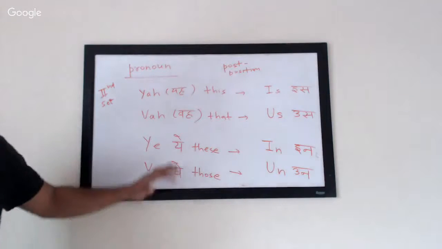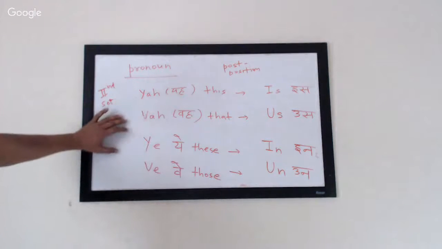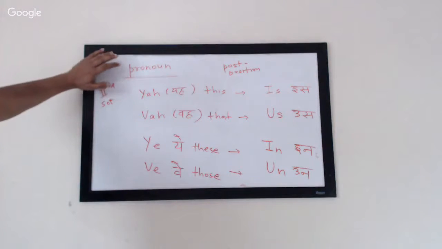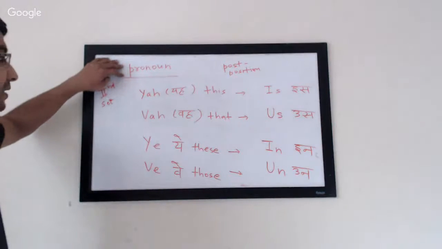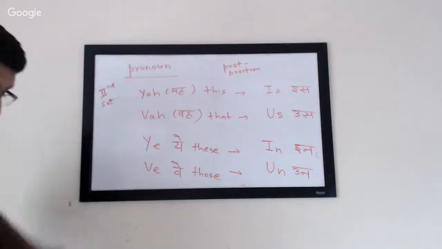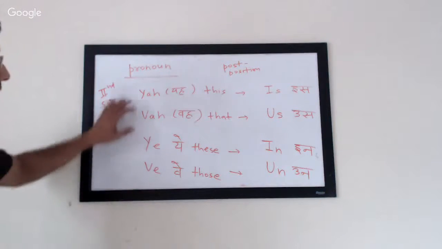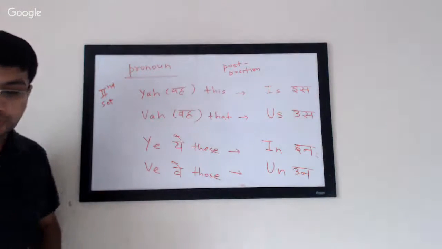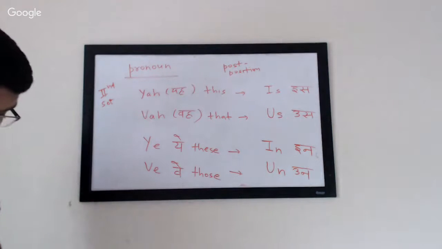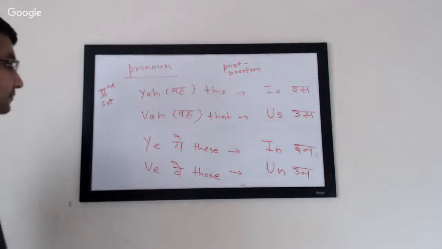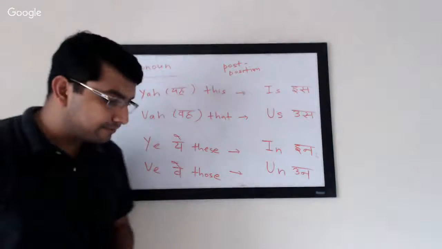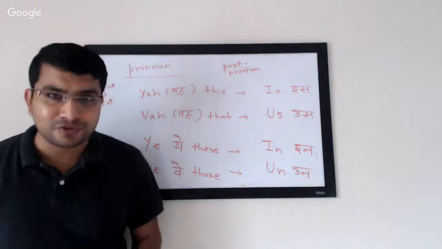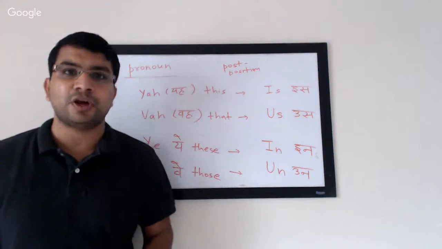So I hope you're able to follow. First we learned how the oblique case works in noun. Then we learned how the oblique case works in pronoun. In the last set, we learned how the oblique case works in adjective also. And in my opinion, after that, you learned most of the oblique cases.